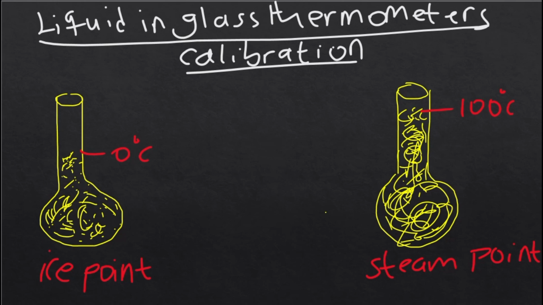Okay, here's what we are going to do. We will define what we feel is very cool, that's one extreme, and what we feel is very hot. So we can say the steam point is very hot, and the ice point is very cool.